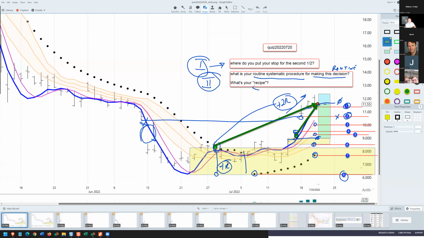What's your recipe for managing that? And can you make that judgment with price right there 5 minutes before the close? Can you make that judgment and make your decision in 5 minutes, just in case you were deciding to exit here?